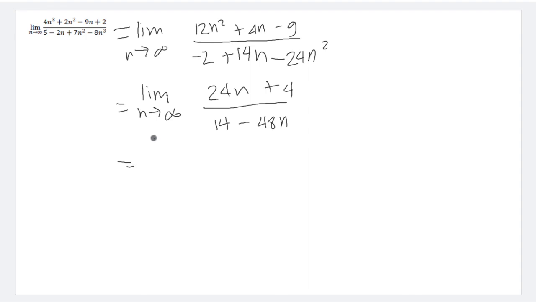Again, apply L'Hopital's rule because we still have variables in both numerator and denominator. So this will become 24 over -48. Again, this is now just a constant, so that is equal to -1/2.